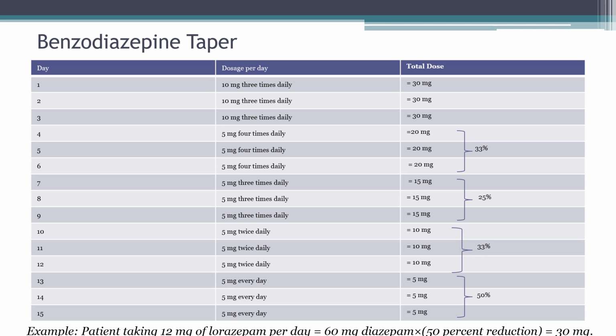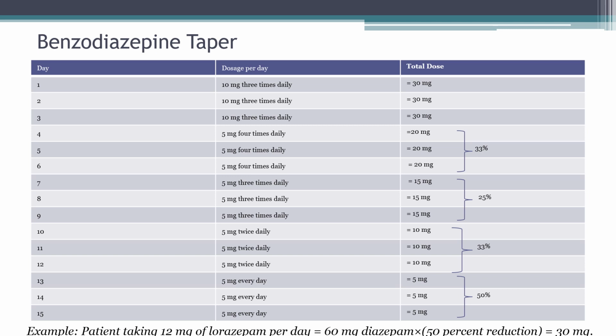If diazepam is started at 30 milligram, it can be reduced to 20 milligram after 3 days, and after 6 days, again a 25% dose reduction can be done, and 15 milligram of the diazepam is reduced from 20, and then 10 milligram after the 9th day, and after the 12th day it is a reduction of 50% of the previous dose of 10 milligram, that is 5 milligram.